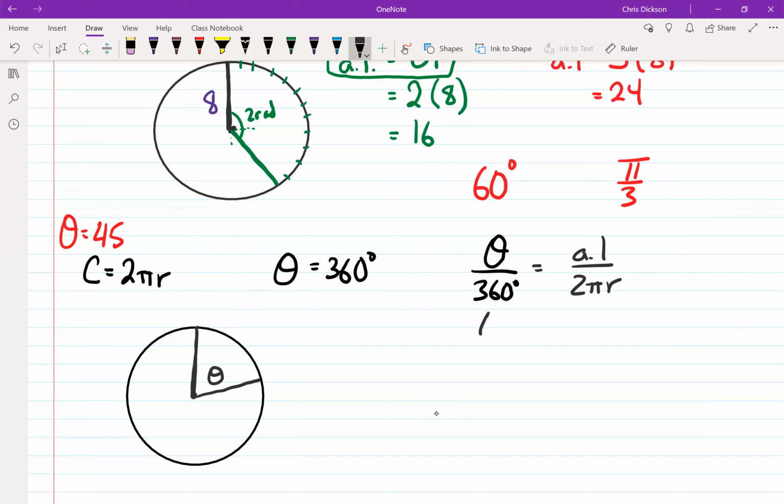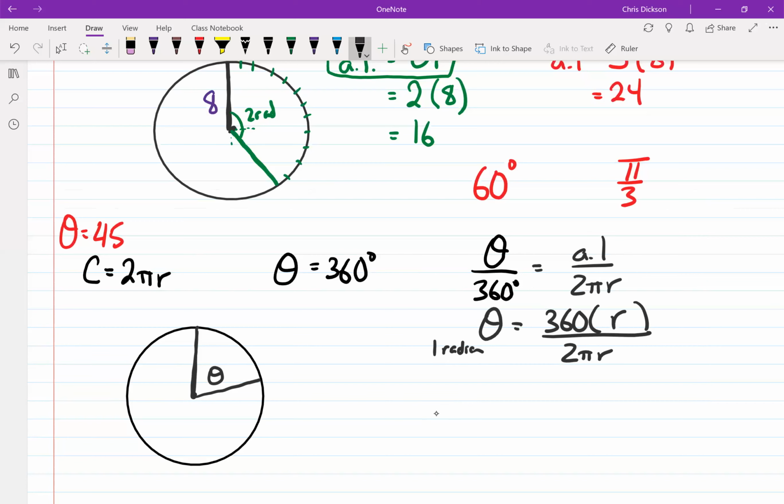So if my theta was isolated here, I would get 360 multiplied by the arc length over 2 pi r. Let's say theta is 1 radian. Then the arc length has to be the radius.